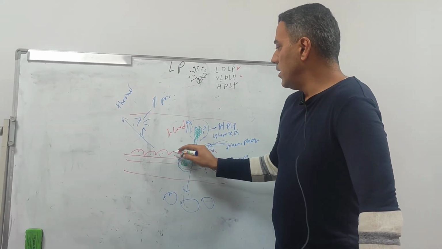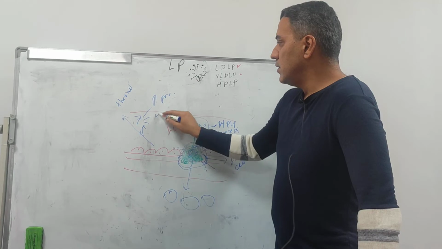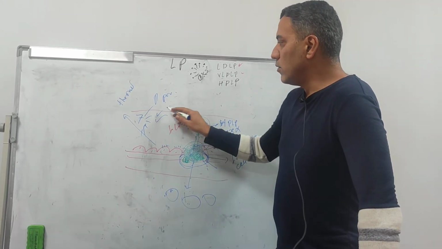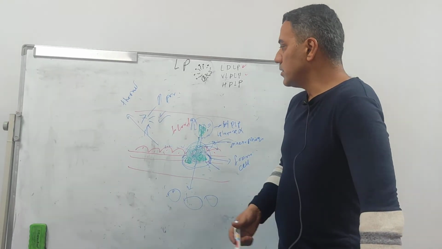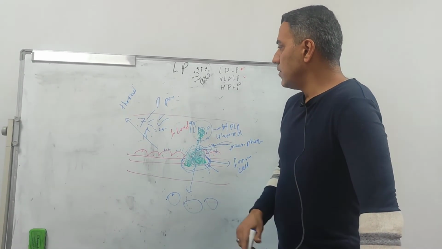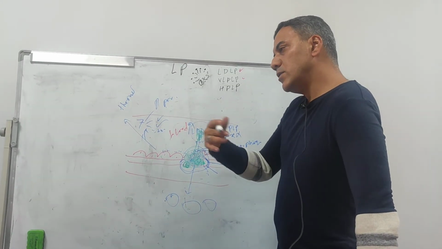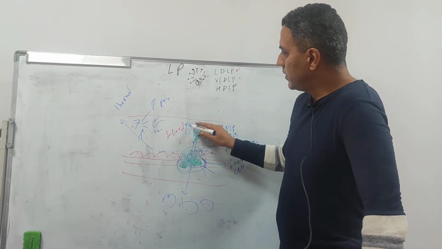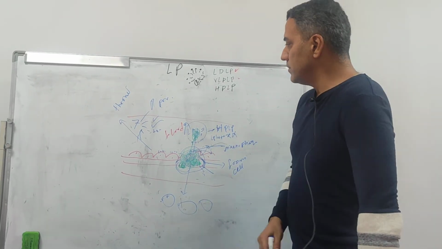They have heparin-like receptors. They have thrombomodulin receptors. They are all anticoagulant receptors. They synthesize tissue plasminogen activator, which activates plasminogen into plasmin, and it destroys the fibrin of the thrombus.